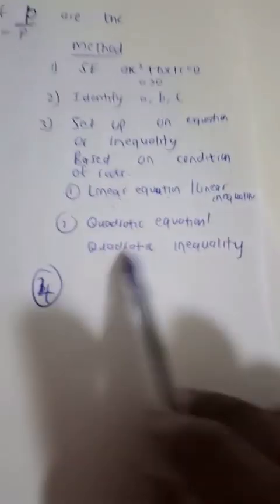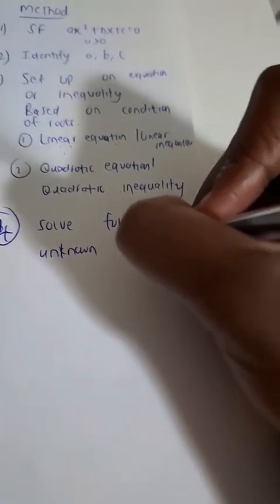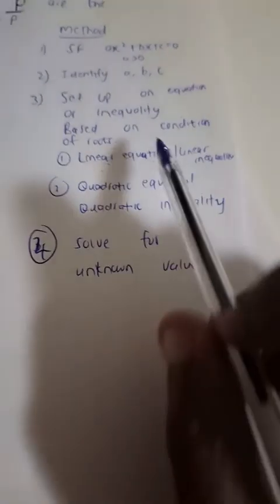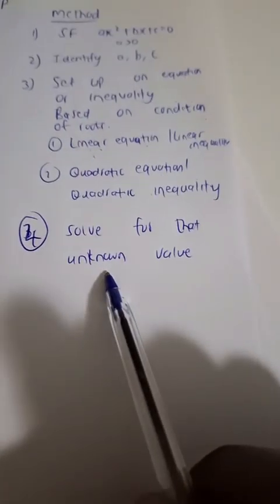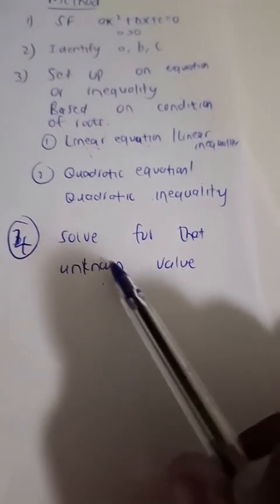And step number 4, after setting up an equation and setting it up to be as such, you solve for that unknown value. Whatever it is, if it's a linear equation, you get that particular unknown value. If it's a linear inequality, you get that interval of values that will satisfy the equation.